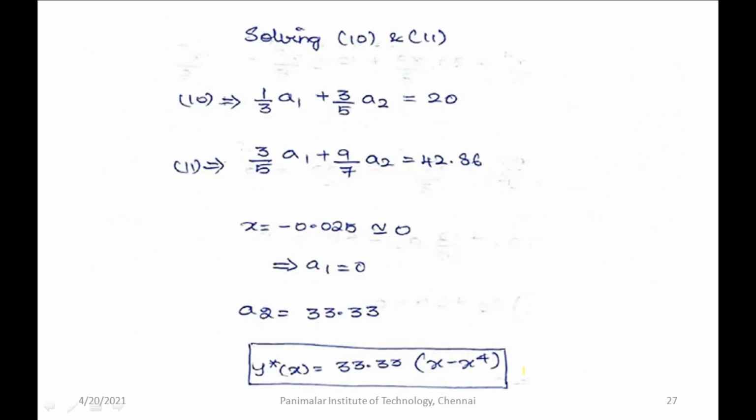Then solving these two equations, finally we are getting the a1 value. So it is minus 0.025. Again we are approximating it as 0, and a2 is getting the same value 33.333. So the final solution we are getting 33.33 x minus x power 4.